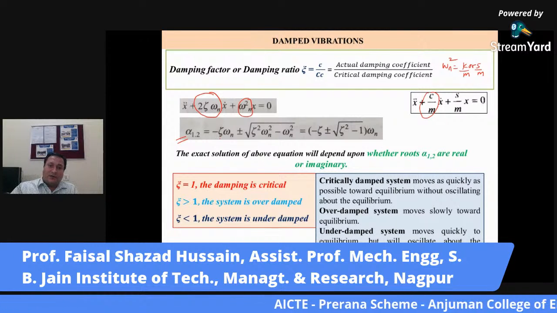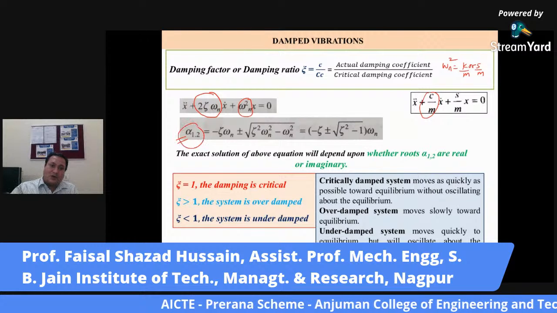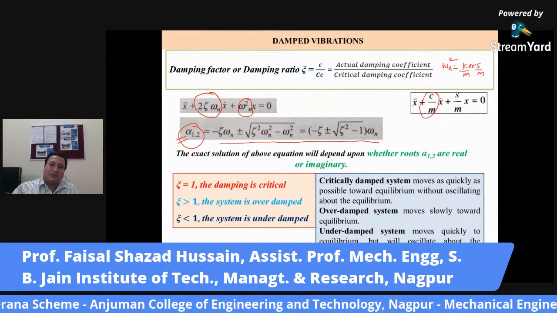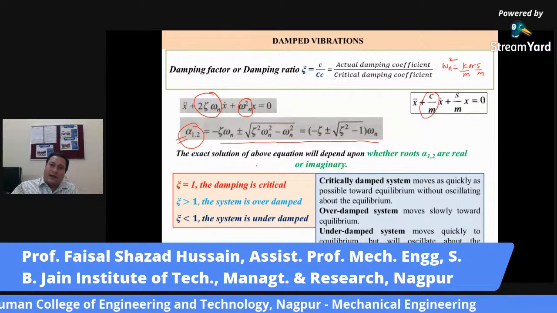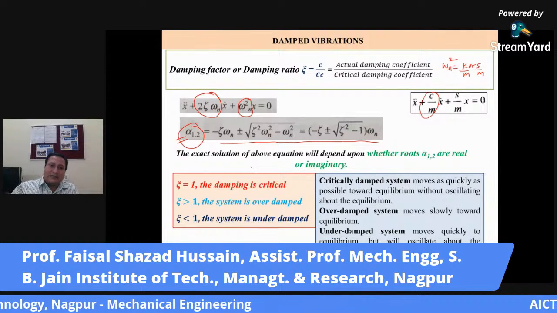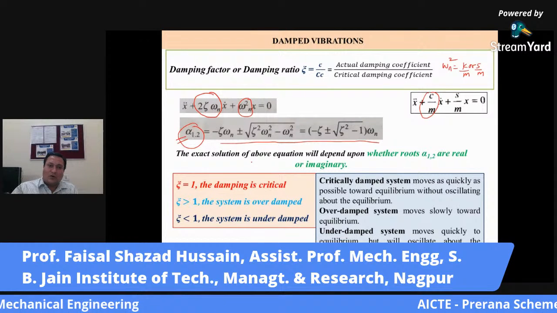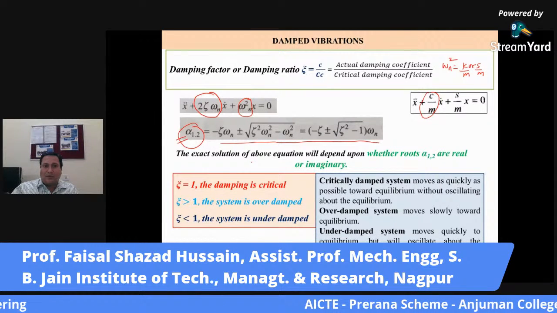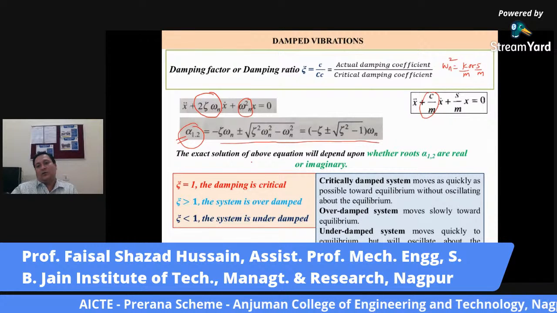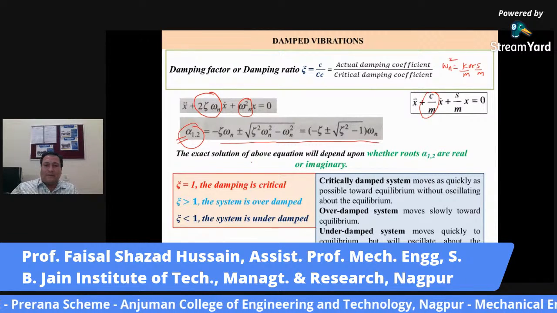So by solving this equation, we can come to the conclusion that the exact solution of the above equation will depend upon roots alpha 1 and alpha 2.